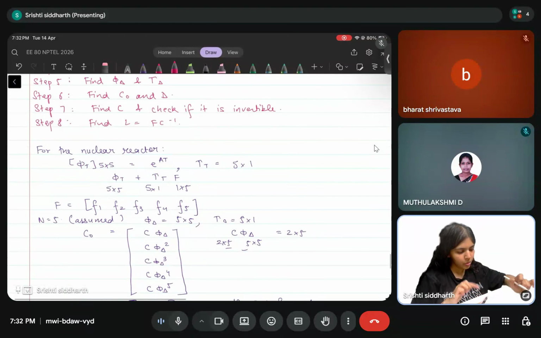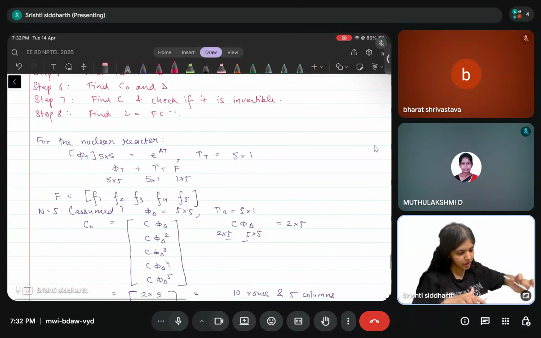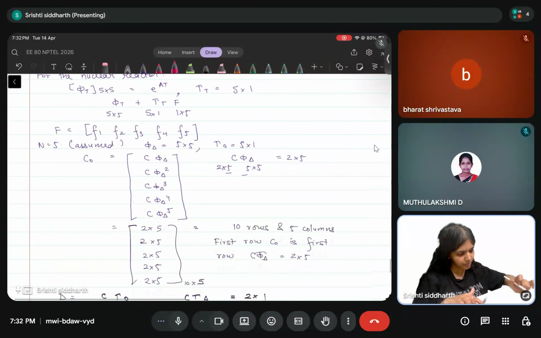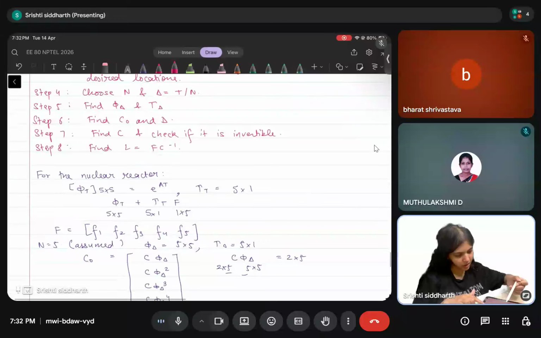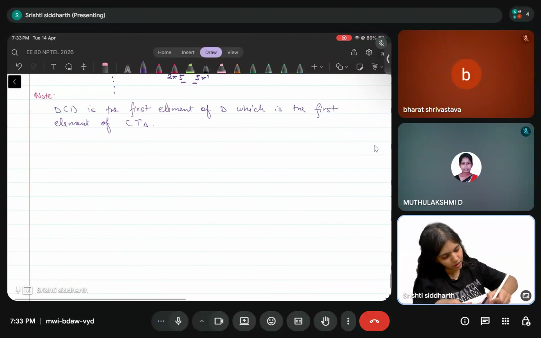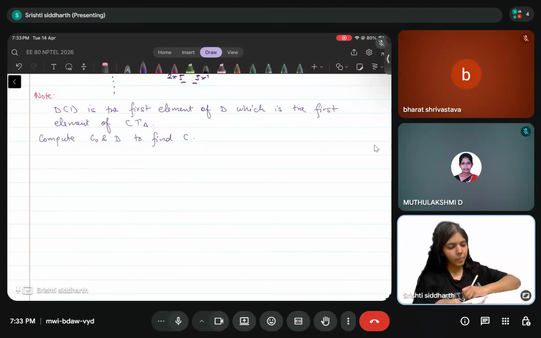And then you have to complete the whole C0 and D. Just a second, let me check. Yeah, so C requires C0 plus D times F. Then compute C0 and D to find C.